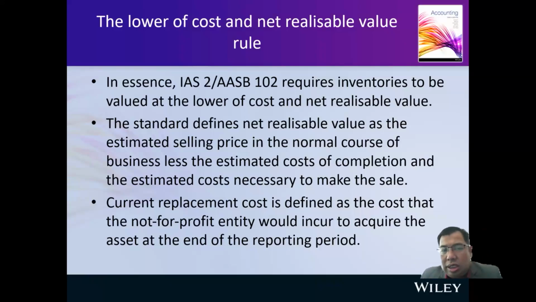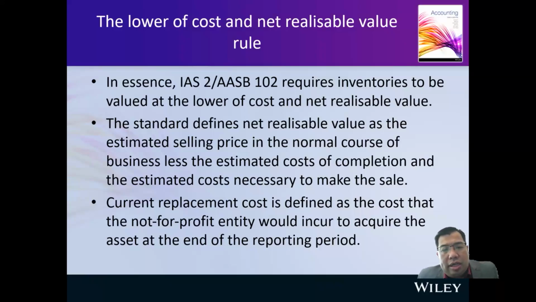The answer is we go for the lower of cost and net realizable value. You cannot put in your balance sheet the value of 1,500 because that is overstated inventory value. So you should record it as 500 dirham only.